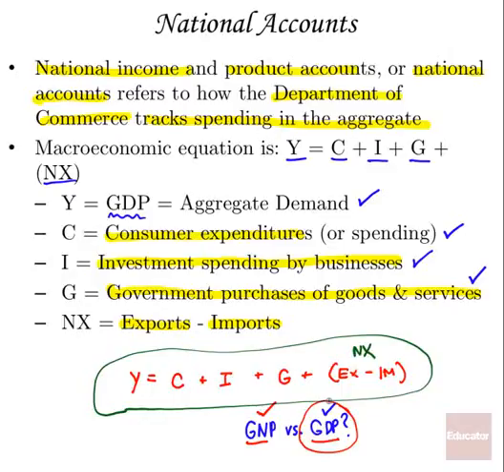Just suffice it to say that GDP is the most popular figure, and for all intents and purposes on this exam, be familiar with GDP and how it's used here. But again, it doesn't hurt to know that GNP exists and what it encompasses.